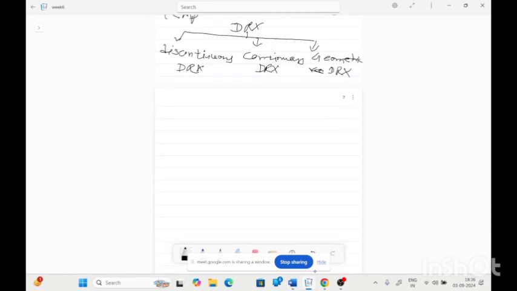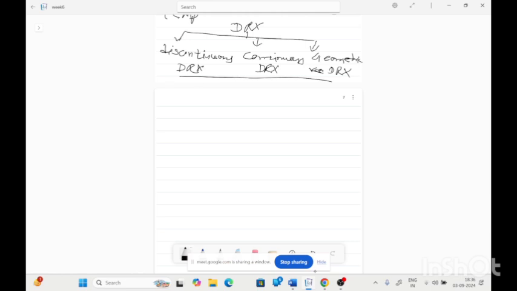All three types differ from each other because of the mechanism during the recrystallization process.